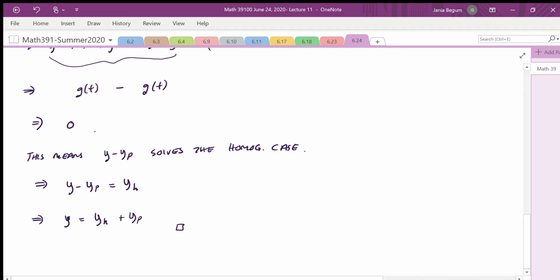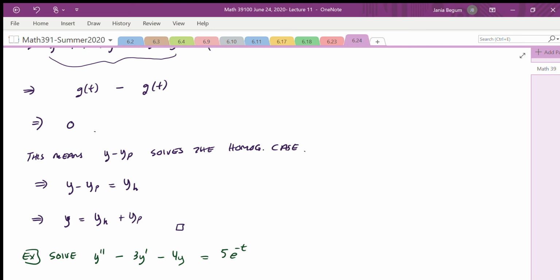So here's an example. Let's solve y double prime minus 3y prime minus 4y equals 5e to the negative t. Okay, let me give you a heads up. This method is long, so you really have to speed up your algebraic skills.